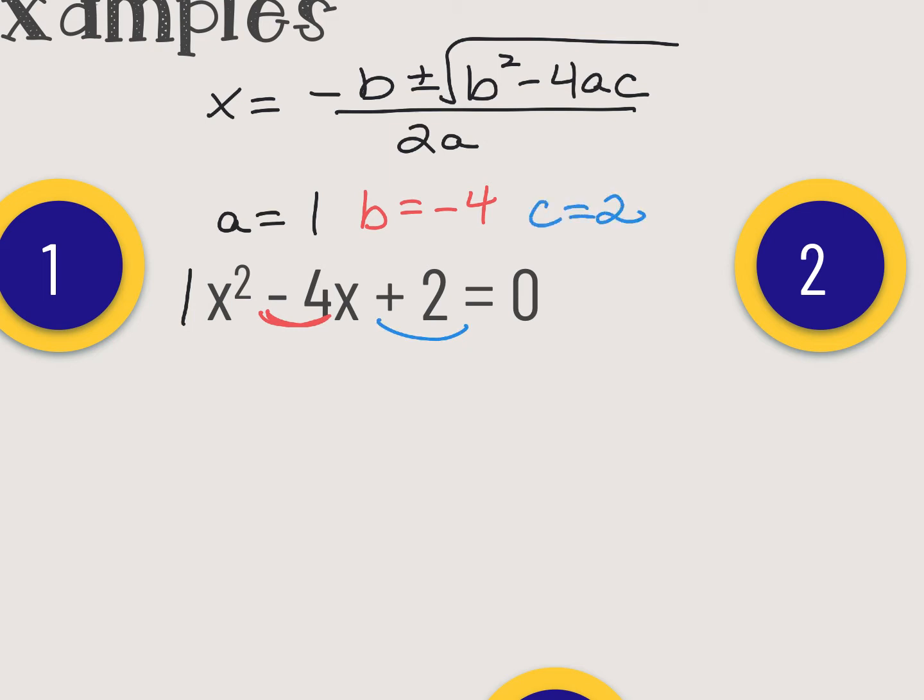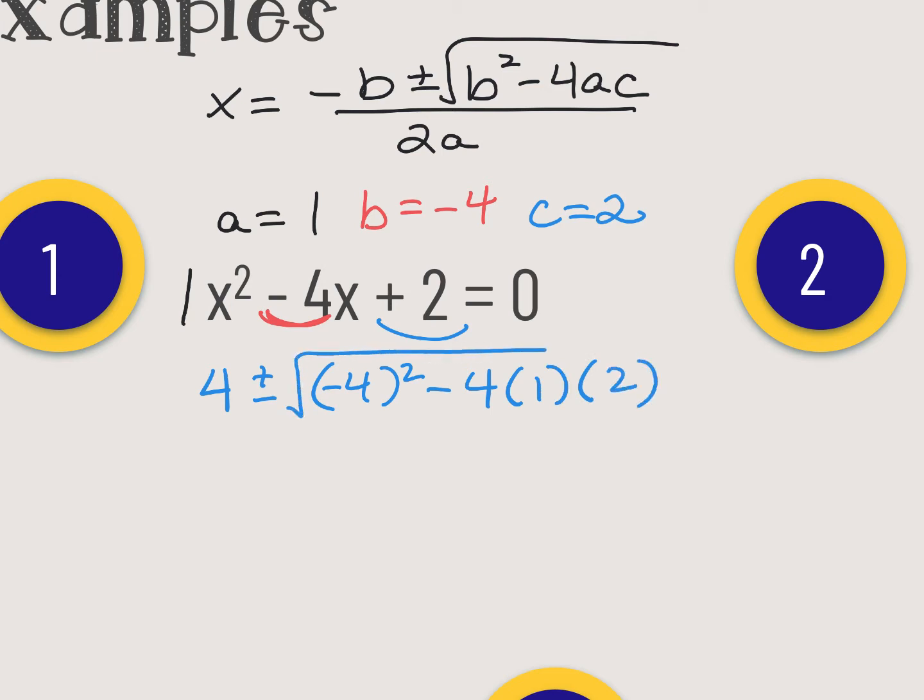I now take these 3 variables and plug them in. So the opposite of b, or negative b here, is going to be positive 4 plus or minus the square root of b squared, so negative 4 squared, minus 4 times a times c, all under the radical, divided by 2 times a.